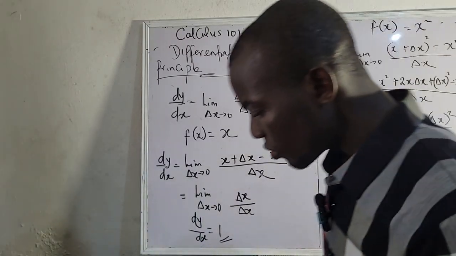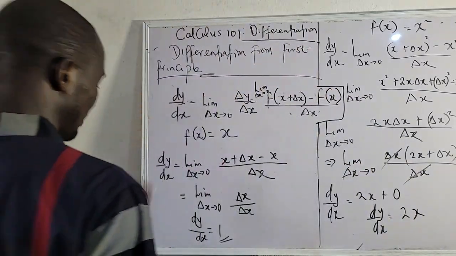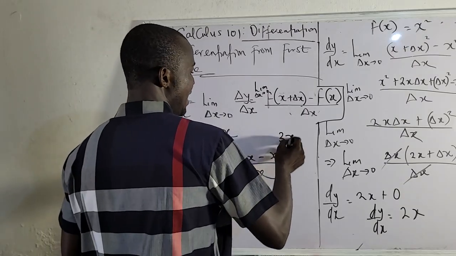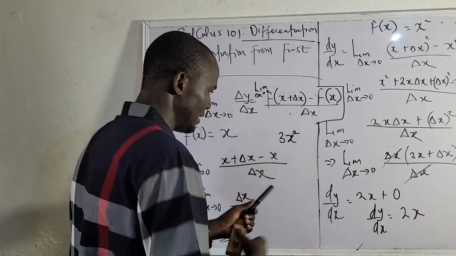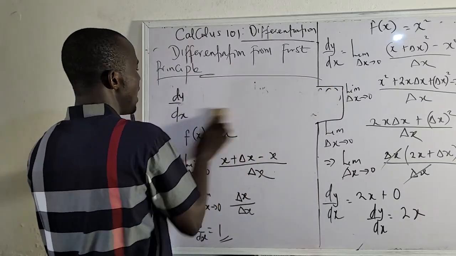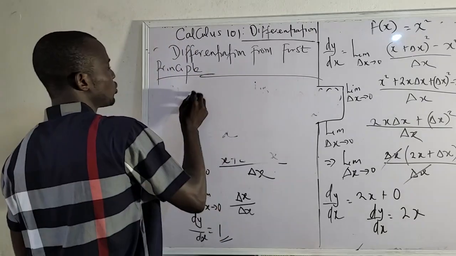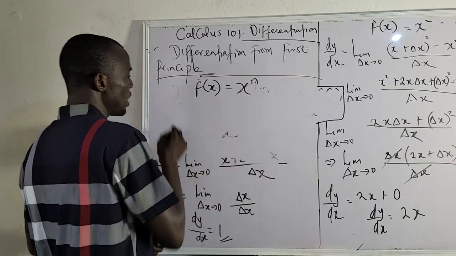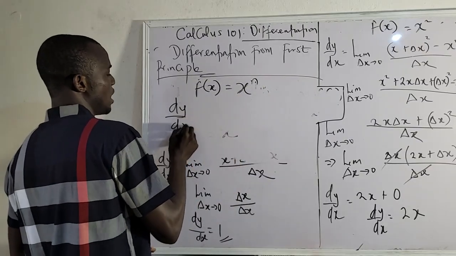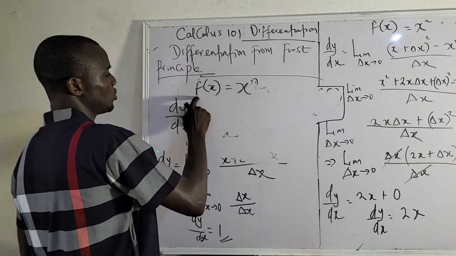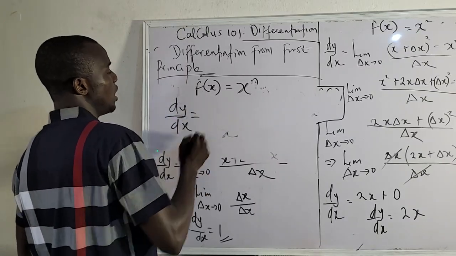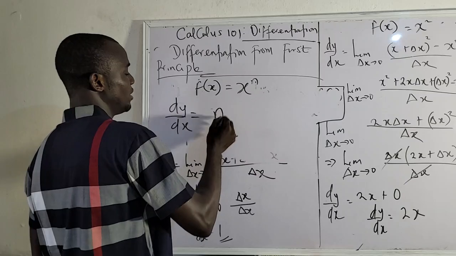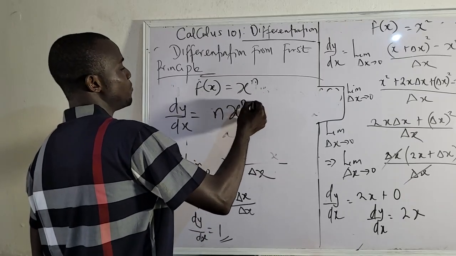Now, by the time we do it for x raised to power 3, we will discover that our answer there will be 3x squared. From this pattern, we can deduce that for any function f of x which is equal to x raised to power n, our dy over dx, the derivative of this, will be equal to n multiplied by x raised to n minus 1.